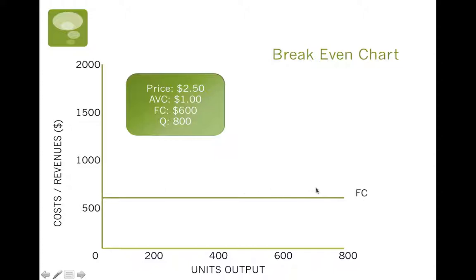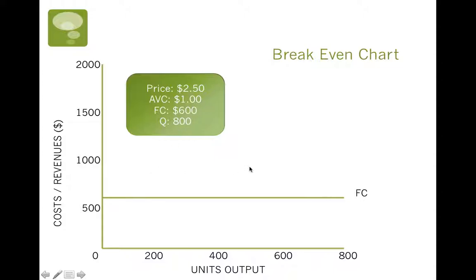Now it's not going to go up to 601, 600 plus 1, because the average variable cost of $1 is per item. So what I want to do here is I want to say average variable costs times quantity. Okay, so the average variable cost of $1 times the quantity of 800 is $800.